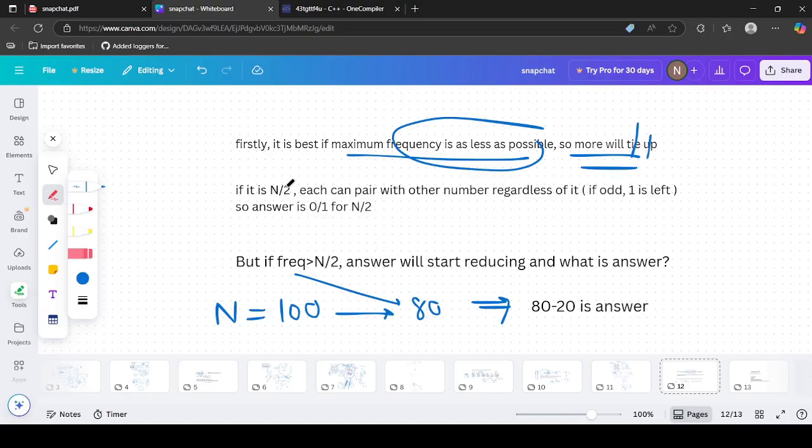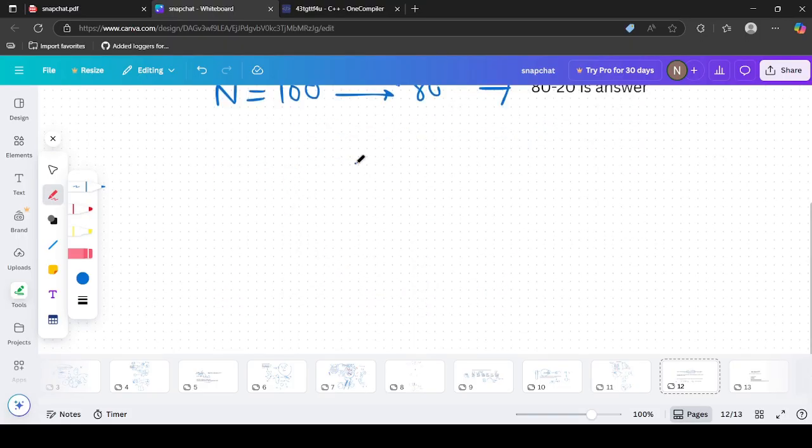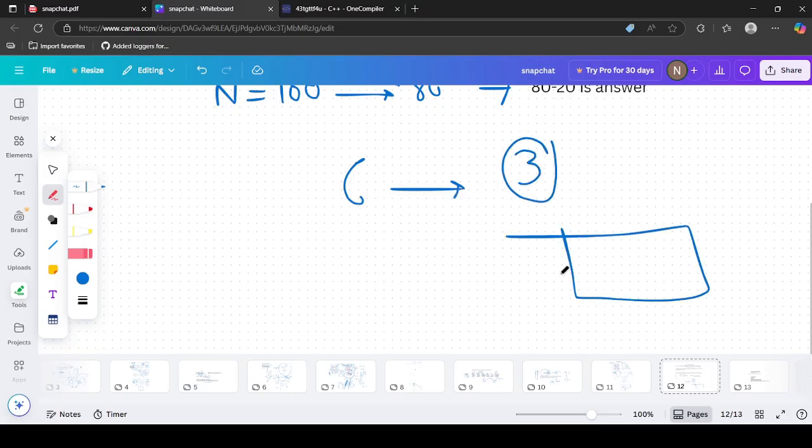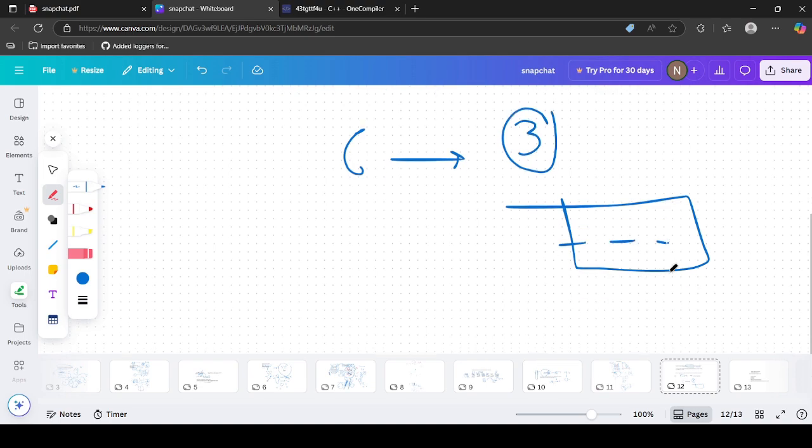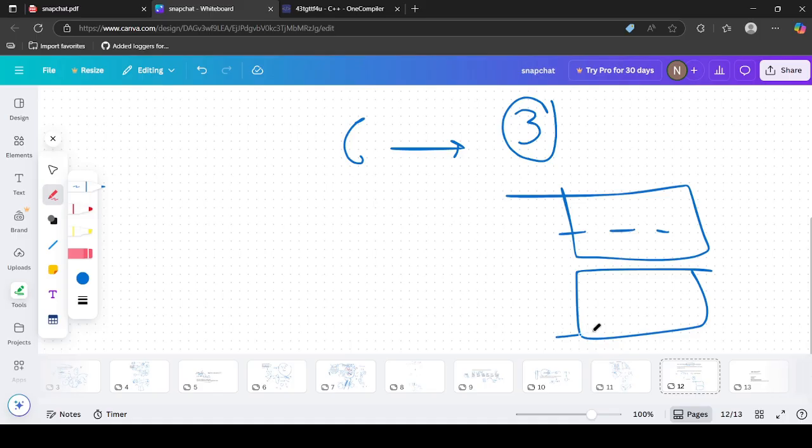So if it is n by 2, for the size 6 and the maximum frequency 3, we got that however many numbers are equal to the maximum frequency, that many other numbers also exist. Let's assume 3 is the highest frequency with 3 occurrences, so 3, 3, 3.